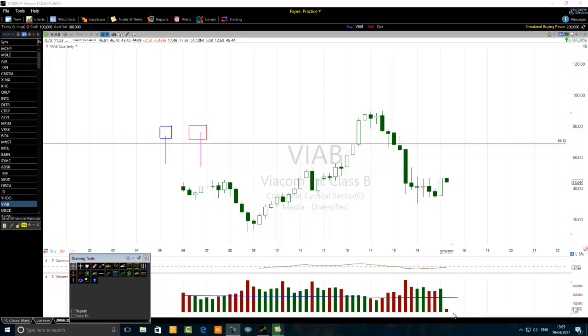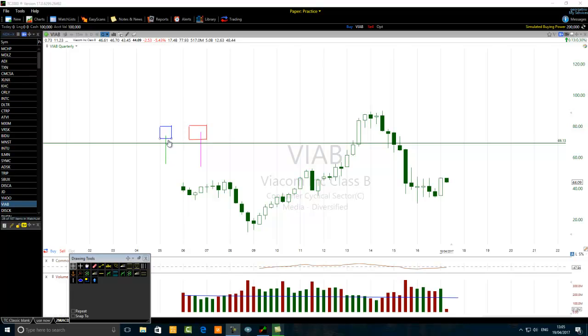pattern. The hammer candlestick pattern is when the price opens somewhere like this, and then the price goes up. Usually the price opens here, and then for one reason or another, people sell first. So the price goes down, going down, going down, which means the candlestick pattern in the first stage is bearish.